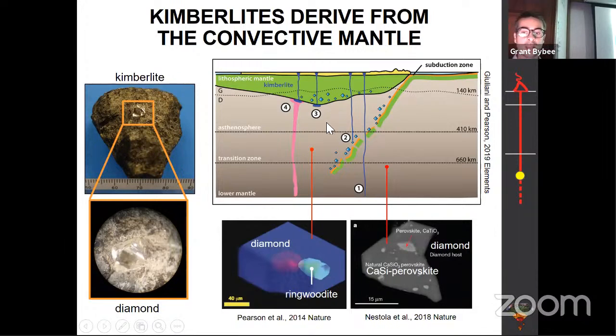In either way, to transport diamonds that were either in the transition zone or transported by mantle convection to the lithosphere-asthenosphere boundary, we need partial melting to be at least as deep as the asthenosphere.